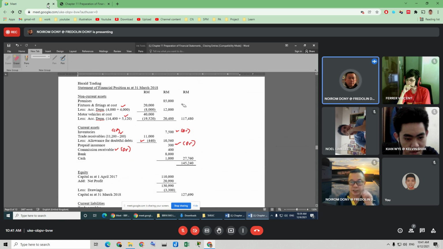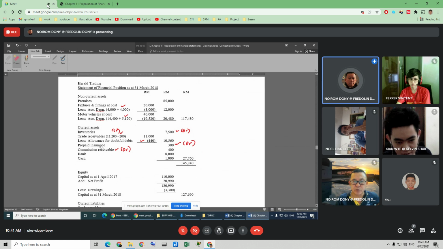Then move on to the third column. Then current assets, we have inventory. For the trade receivable, you have to show the adjustment in the first column first: 11,000 minus 440. Then the net trade receivable you put on the second column.